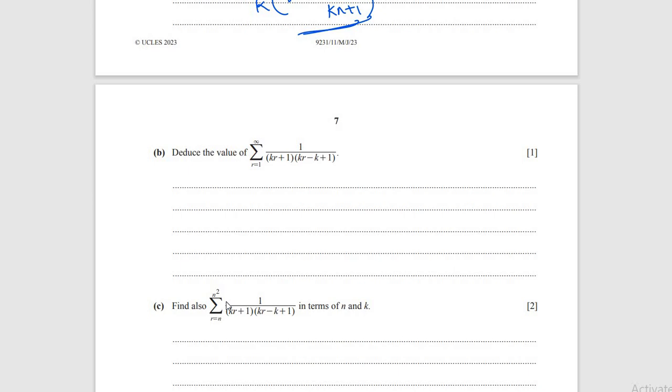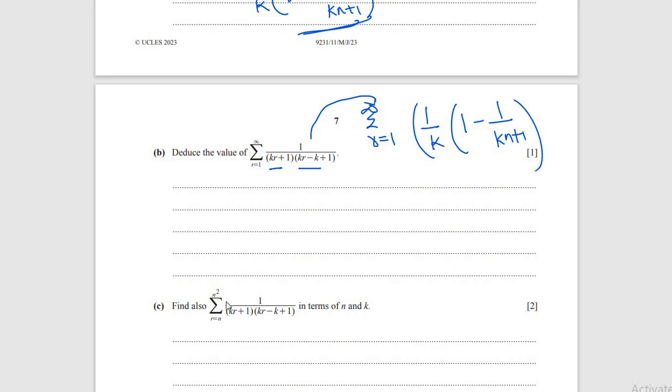summation from R equal to 1 to infinity. Remember that this has been broken down to this. So it simply means summation R equal to 1 to infinity, 1 over KR plus 1 bracket KR minus K plus 1 is the same thing as 1 over K bracket 1 minus 1 over Kn plus 1.